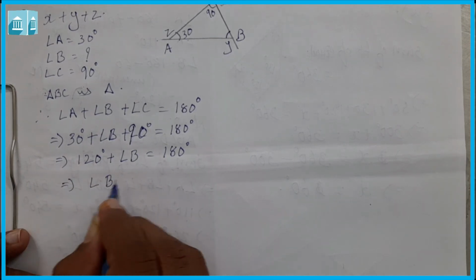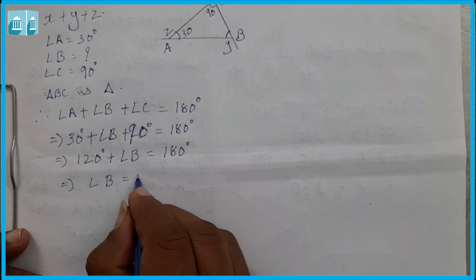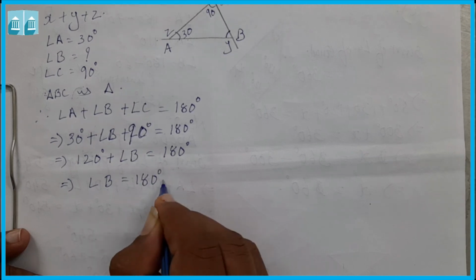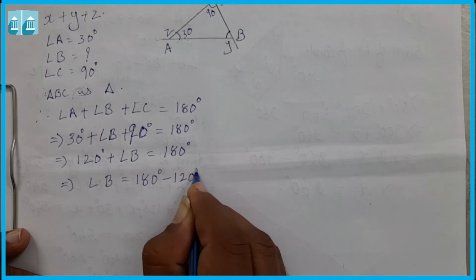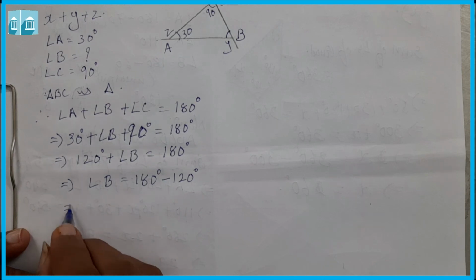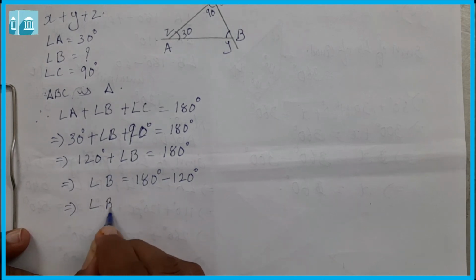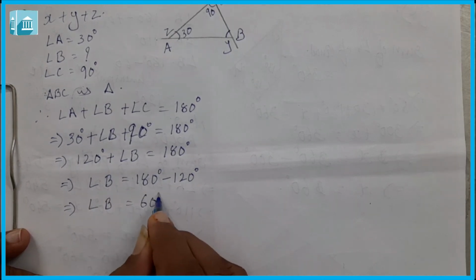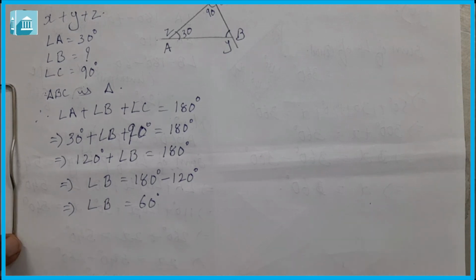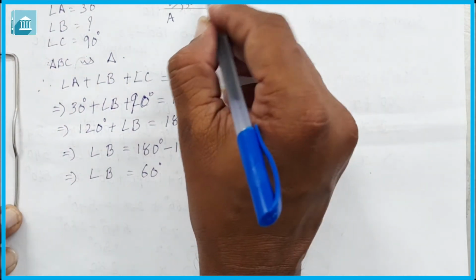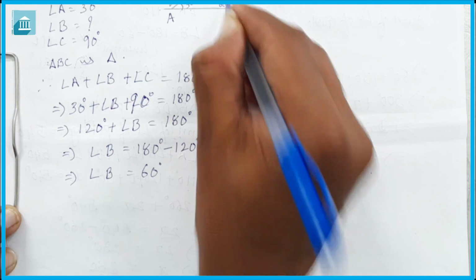Angle B is equal to 180 degrees minus 120 degrees. Therefore angle B is equal to 60 degrees.